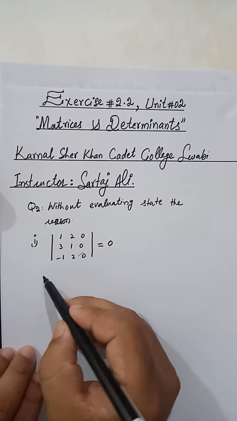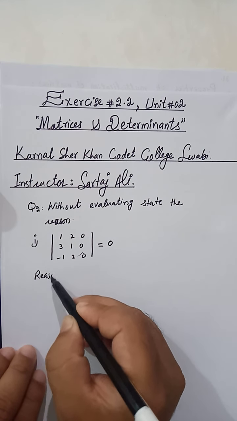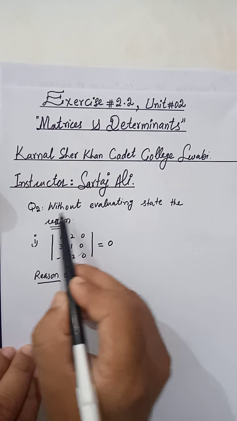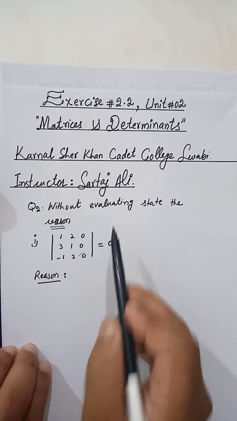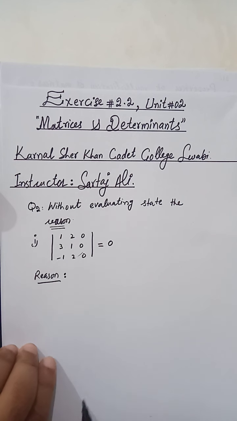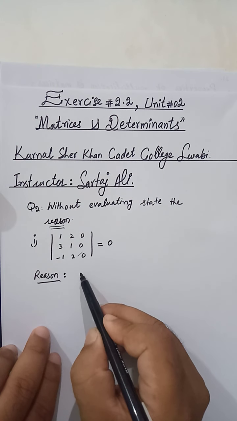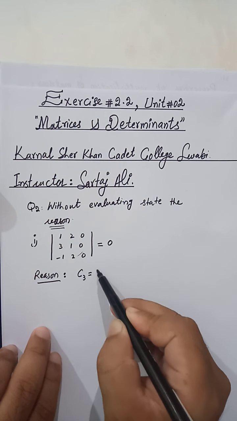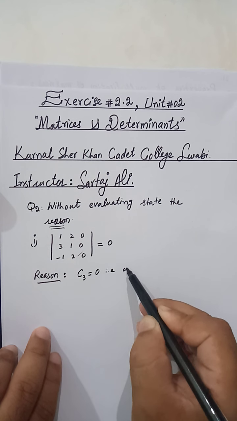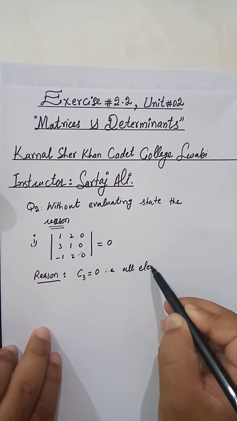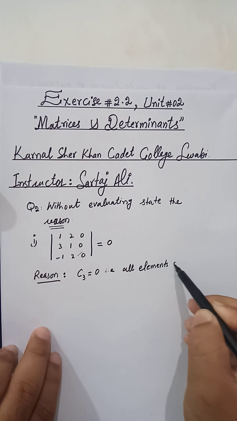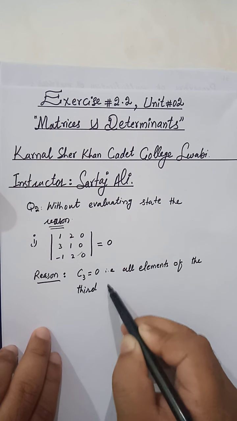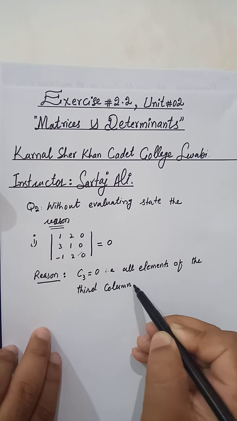We know a property, and that gives the reason why this determinant is equal to 0. You just need to give the reason. You don't need to evaluate the determinant. So the reason for this equality is that C3 is equal to 0, that is, all elements of the third column are equal to 0.